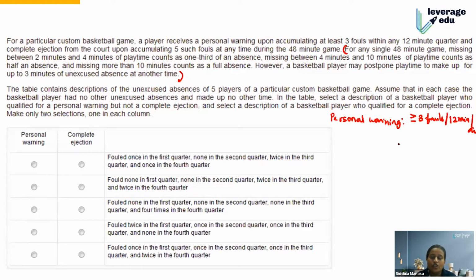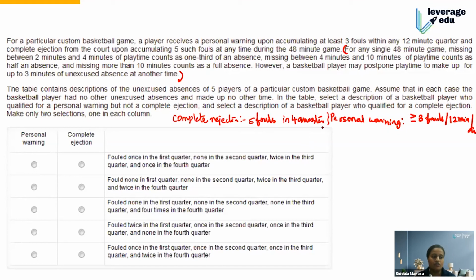That means you should not get 3 or more fouls in 12 minutes, which is considered to be 1 quarter. Complete rejection is 5 fouls together in 4 quarters. That means 48 minutes. As we know, 1 quarter is 12 minutes, so 4 quarters is a 48-minute game. So the total game is of 48 minutes. That is what he wanted to do.